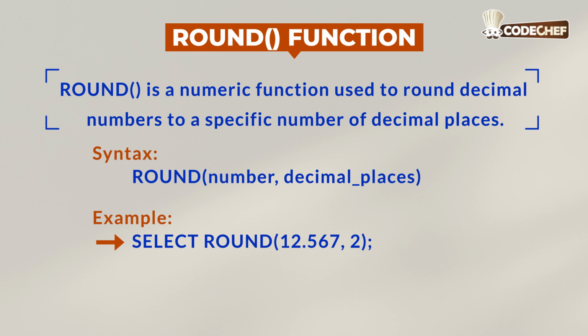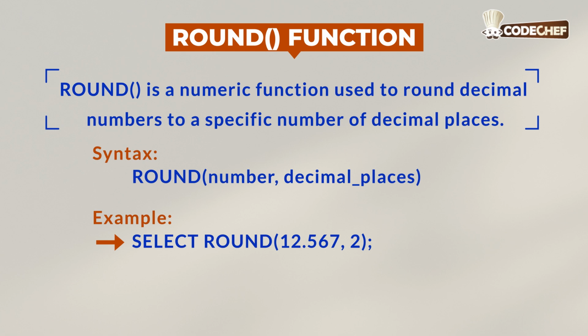So just like we round off values in math, similarly we are using the round function here to round off decimal numbers. Here inside the bracket, we first write the number, or we can also write the name of the column whose values we want to round off, and then comma and the number of decimal places to which we want to round off the number.